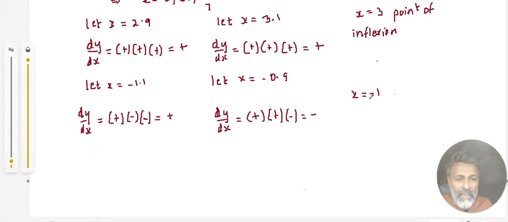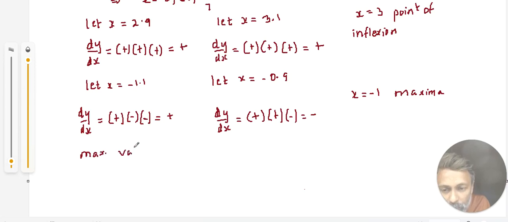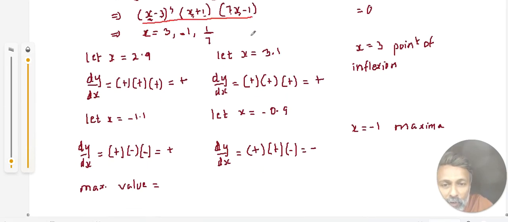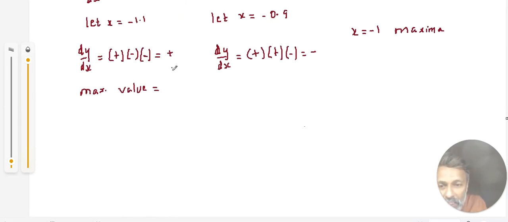So at x is equal to minus 1, we get a maxima as the derivative sign changes from plus to minus. For the maximum value, we should substitute minus 1 in the given question. So when you substitute minus 1 here, this will become 0 and so will the entire value of y be 0. Hence the maximum value is 0.